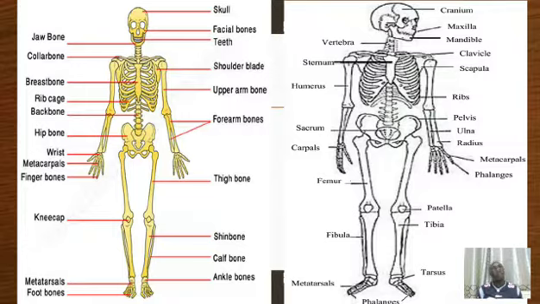In addition, we have a set of bones from the base of the skull running through the back up to the waist. Those bones collectively form what we call the backbone, because it is found in your back.